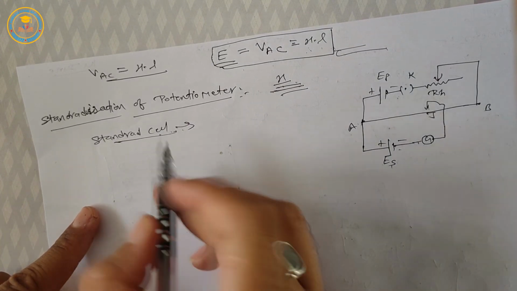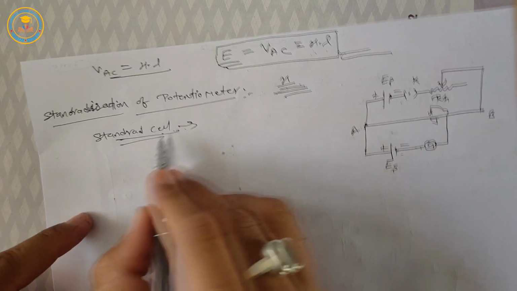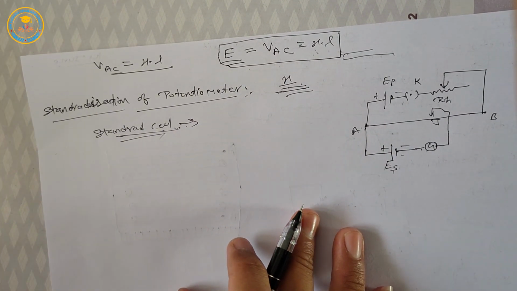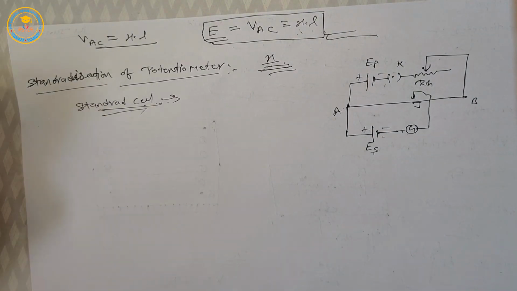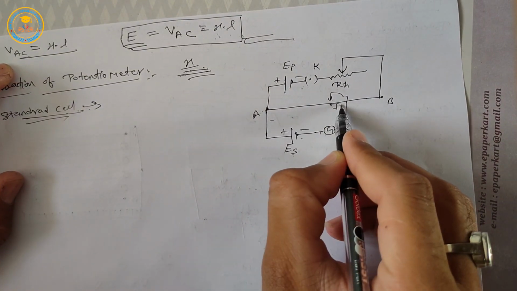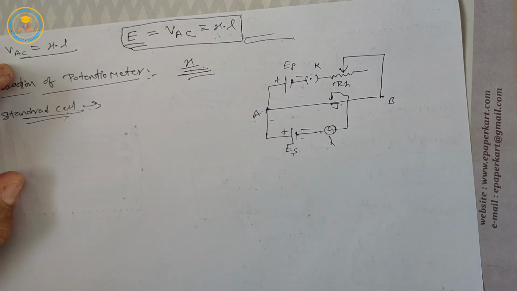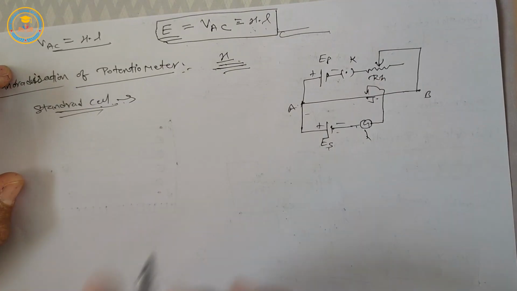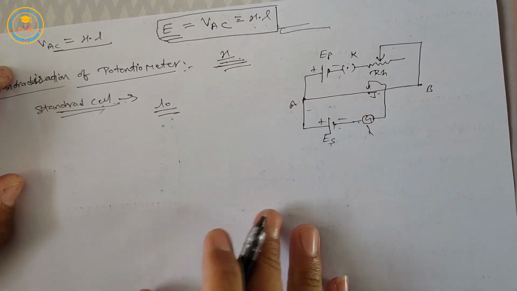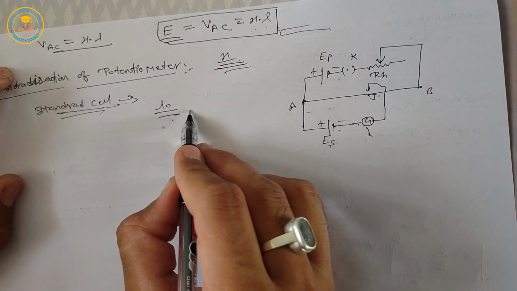Now we slide this jockey on the potentiometer wire and find the zero deflection in the galvanometer. In this situation, suppose L0 is the balancing length from point A.